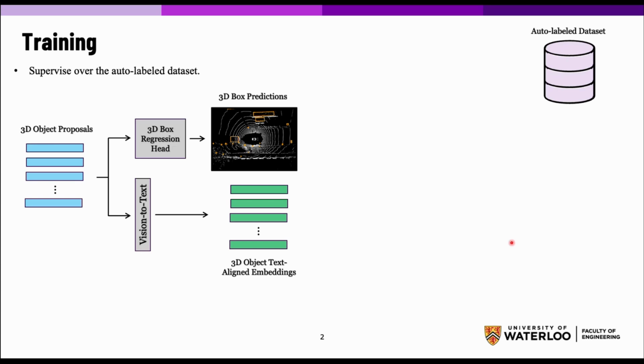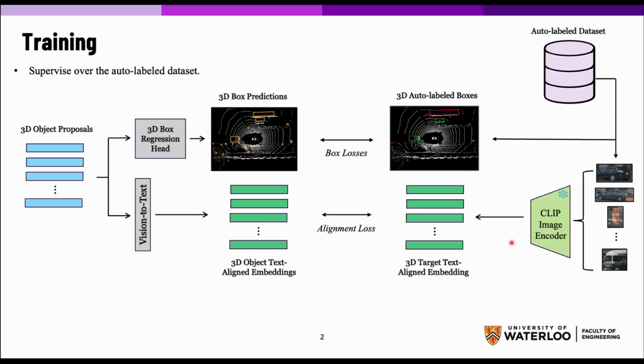So to supervise over the data set that we just labeled, we can supervise the box regression with the box losses, which is pretty straightforward. We take the boxes that we labeled, and then we supervise things like the location and the parameters of the box, and that will allow us to have high recall for objects that we care about.